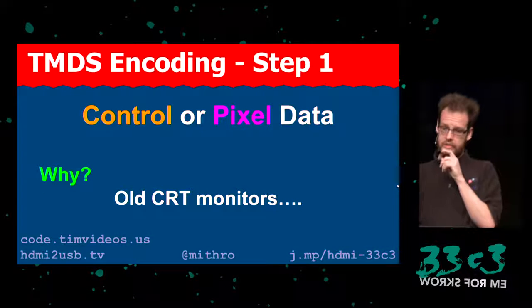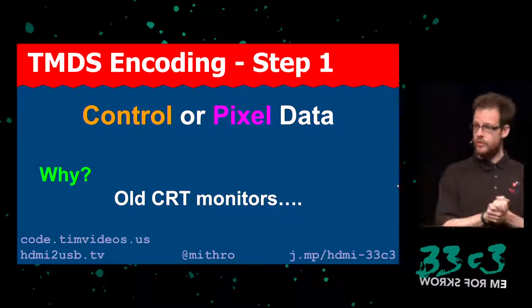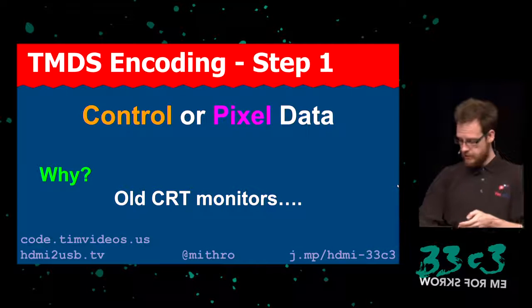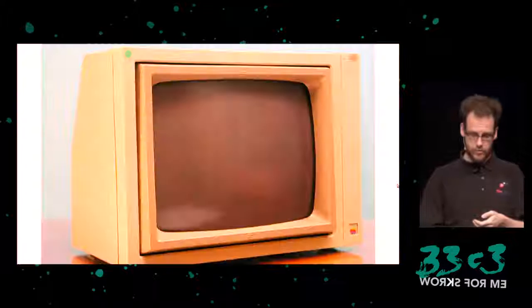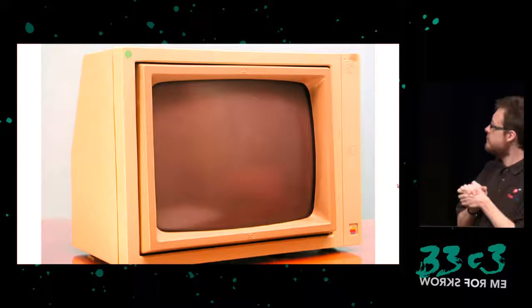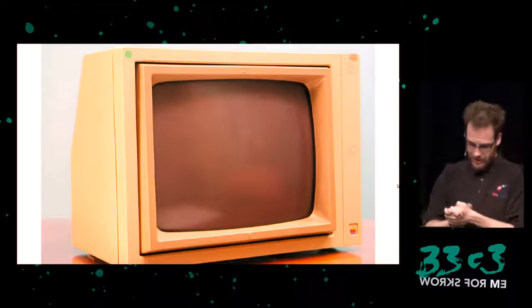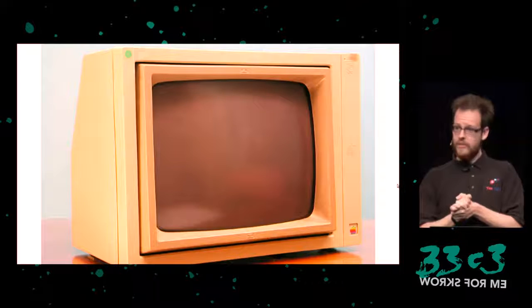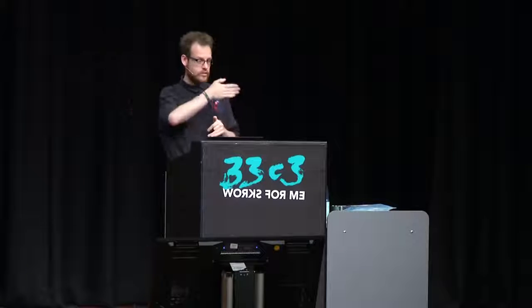So why does this exist? It exists because of old CRT monitors. And for those in the audience who were born after CRT monitors, this is what they look like. The way they work is they have an electron beam that scans across, highlighting the phosphorus.